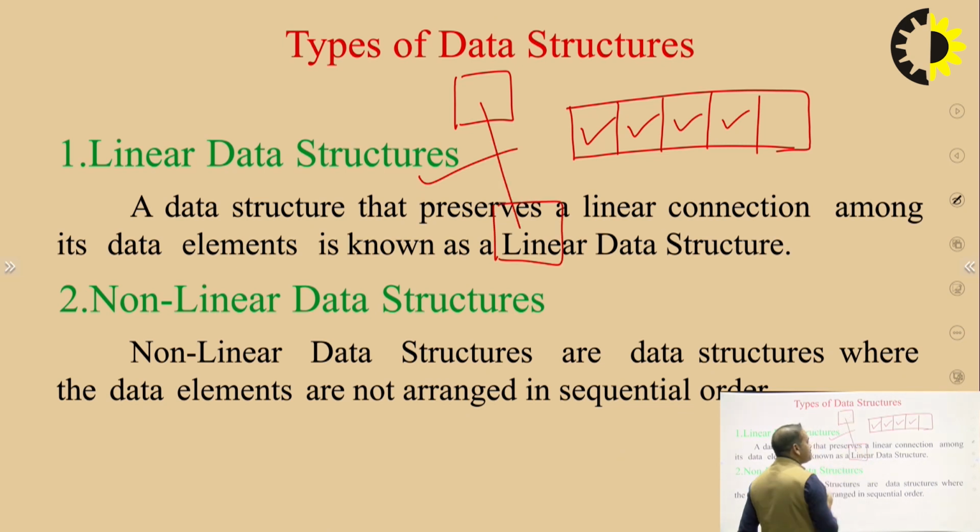Such a concept is implemented in case of non-linear data structure. Linear data structures are of different types like stack, linked list, queue, array. Non-linear data structures cover graph and tree, in which each data is stored at a different level.